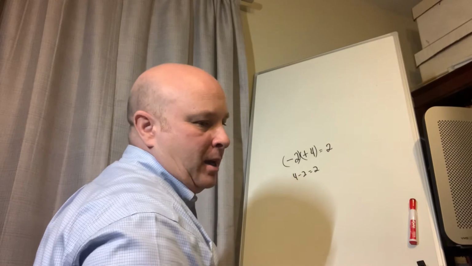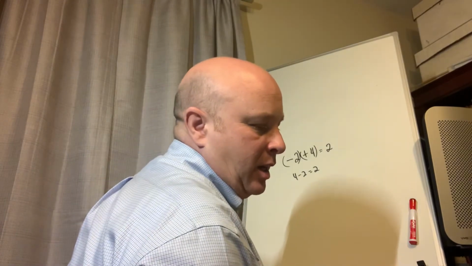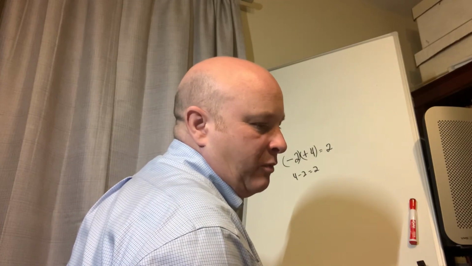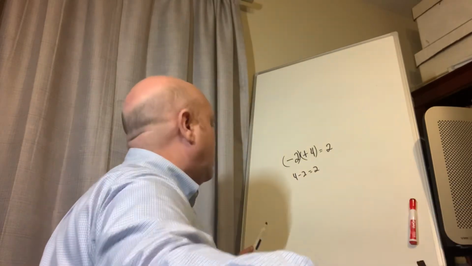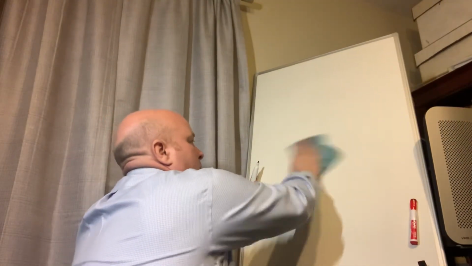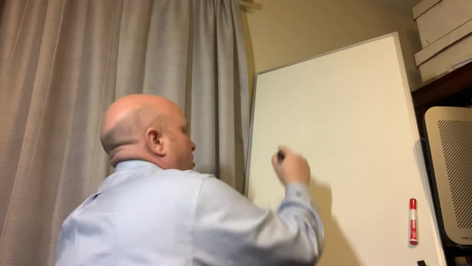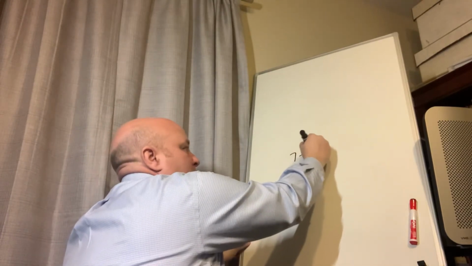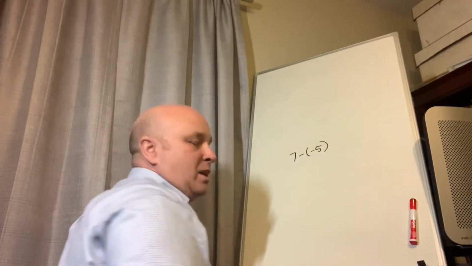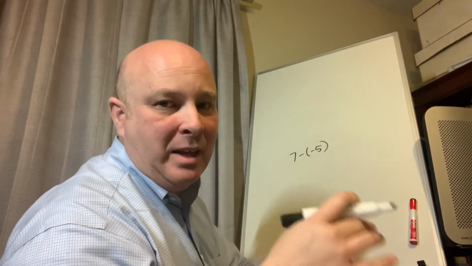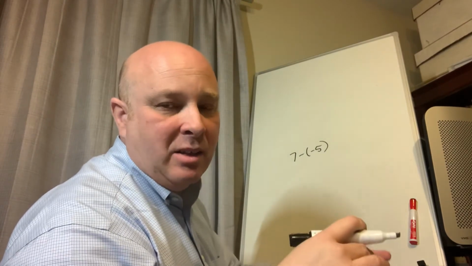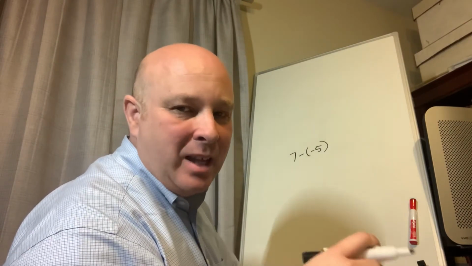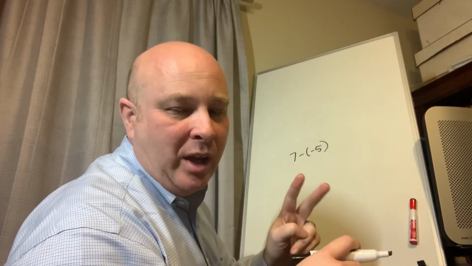All right, what if I have, for example, a number that says 7 minus negative 5, okay? If I'm going to minus a negative, subtract a negative, that's the same thing as adding a positive. The two negative signs side by side.